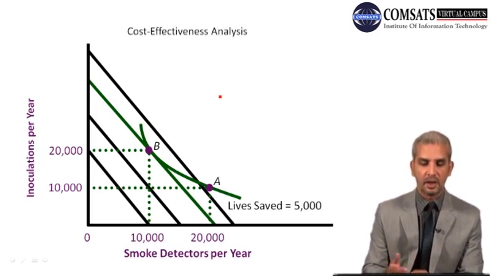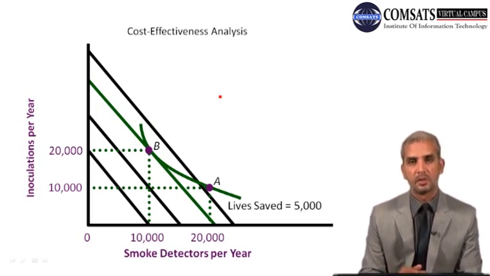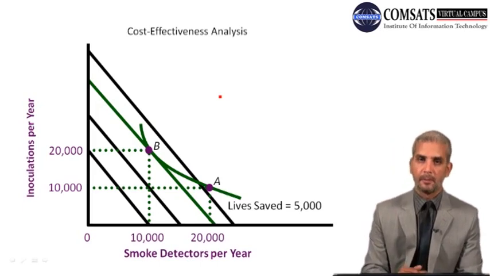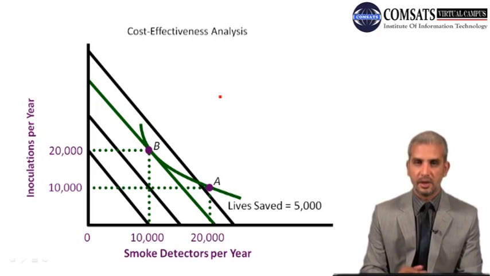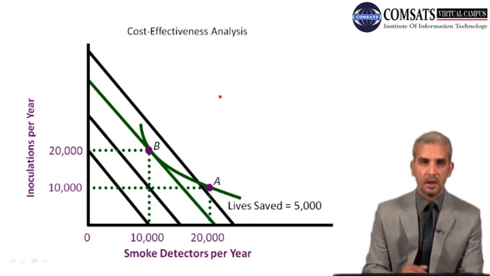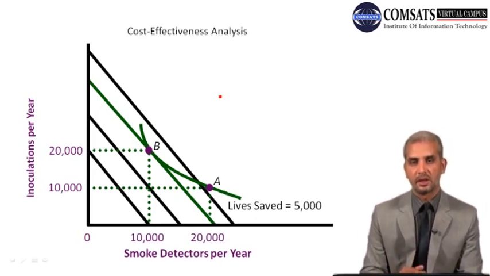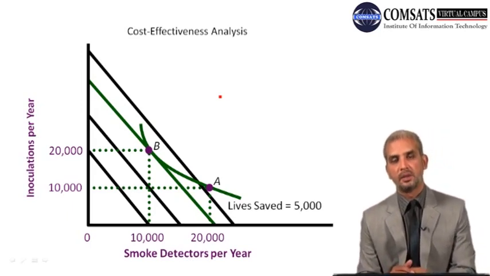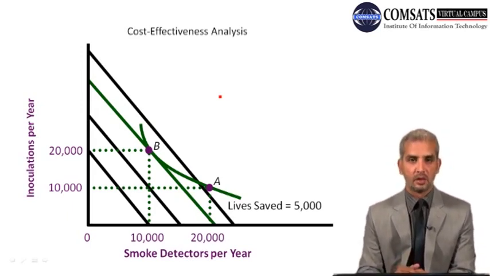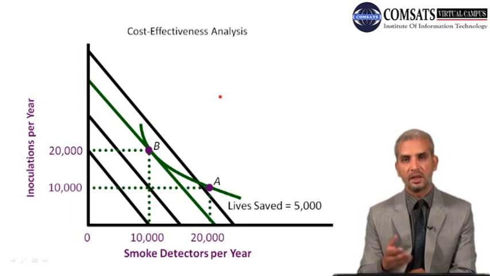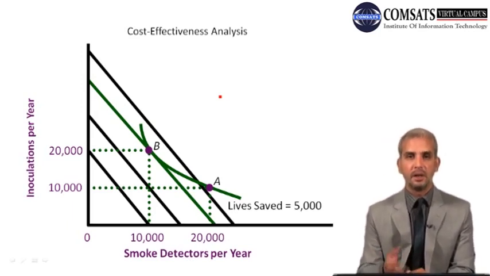So as a policy maker, what would be the best possible alternative over here? I hope you can see it, because it is very obvious: combination B represents saving of 5,000 lives, and combination A also represents saving of 5,000 lives. So what would be the optimal one? The one that is achieved by minimum cost.